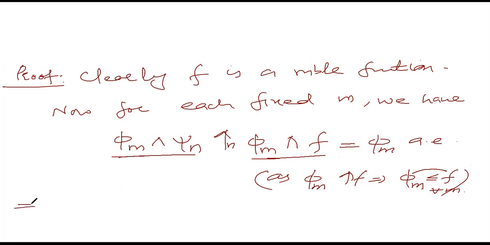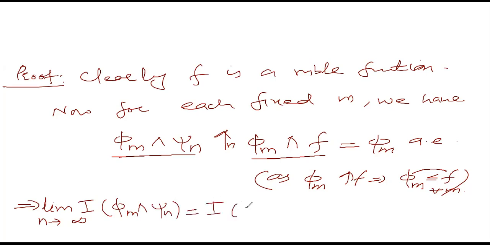So this implies the limit as n approaches infinity of the integral of phi m meet psi n is equal to the integral of phi m. We just apply the previous theorem. Let's name it 1.